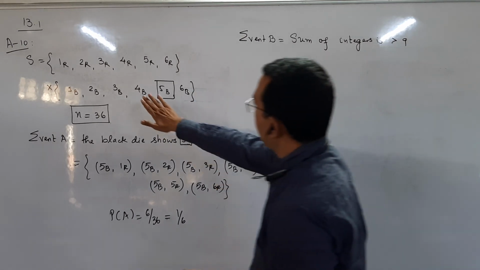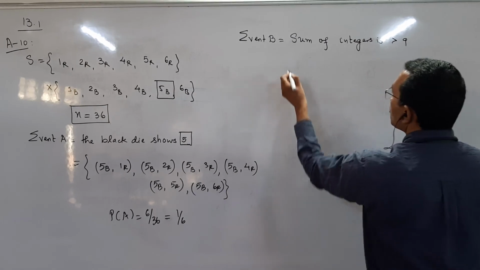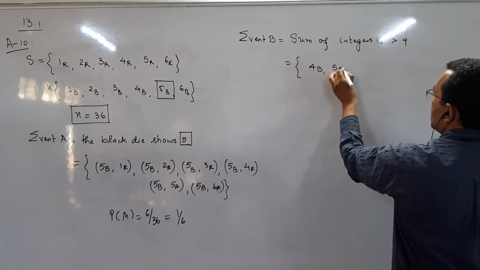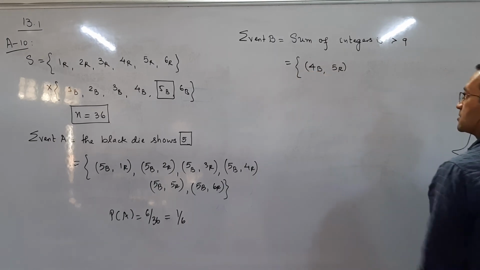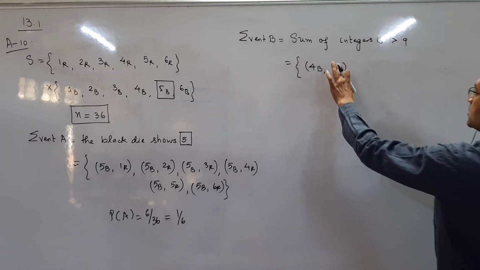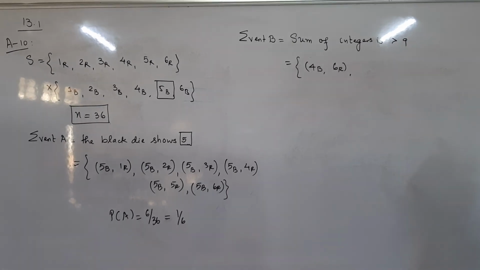But let me write 4b and 5r, or conversely the same, but I am keeping b first. Should I write this? No, because it is greater than 9. So I should start with 4b and 6r. Check, I have not written "equal to" here. Well, I taught the sum, the same thing I have reiterated.